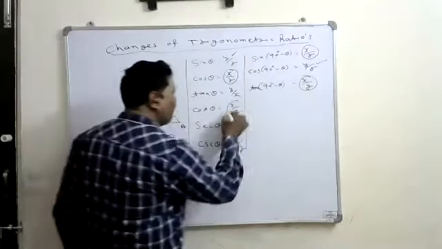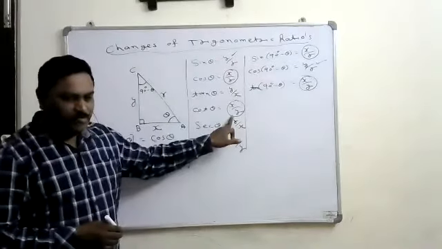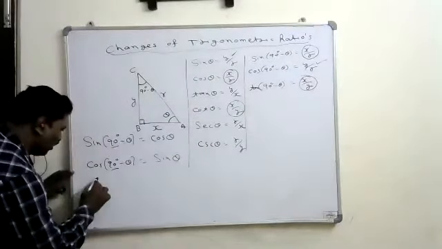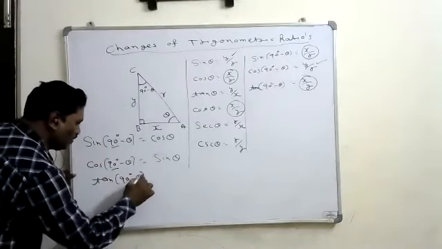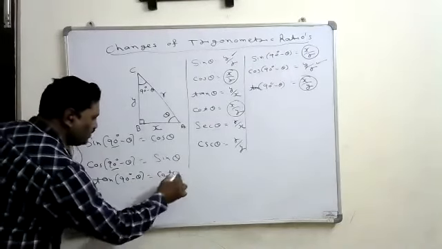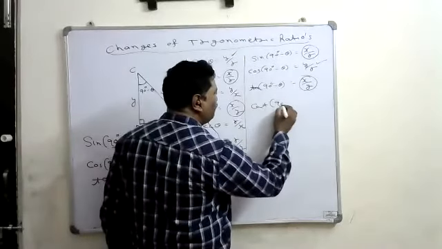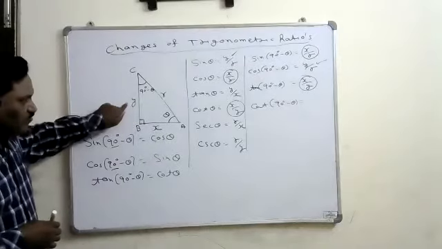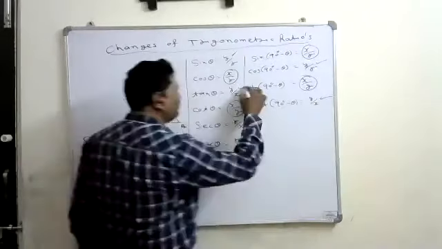Here also observe that this is x by y, this is x by y, मतलब tan of 90 degree minus theta is equal to cot theta. Similarly, if I consider the cot of 90 degree minus theta, cot बोले तो y by x. This is y by x, this is also y by x.